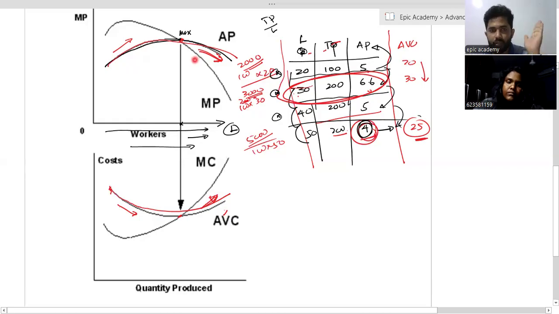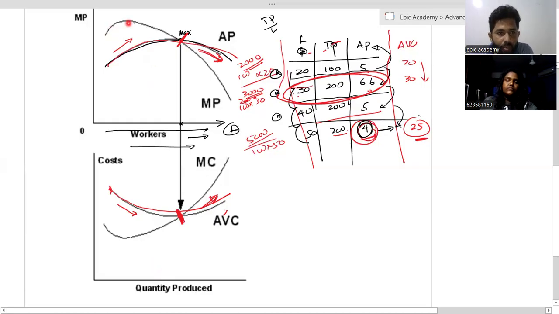It is a constant fact. The marginal production curve always crosses the maximum point of average production. And again, the marginal cost curve always crosses the minimum point of average variable cost. Is that similar or not? Similar.